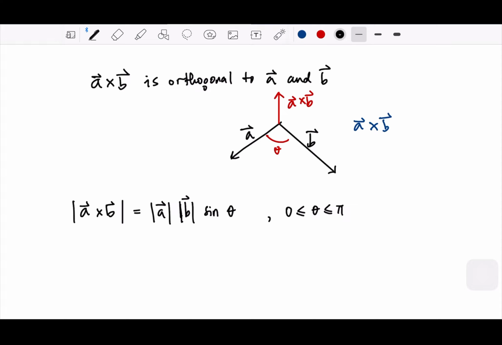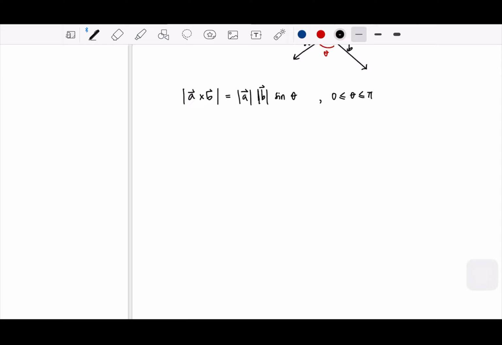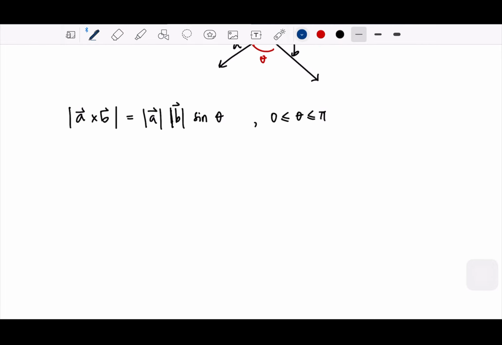How do we make sure that this is okay? Let me just write a similar process. First, we take the square of the length of the cross product.